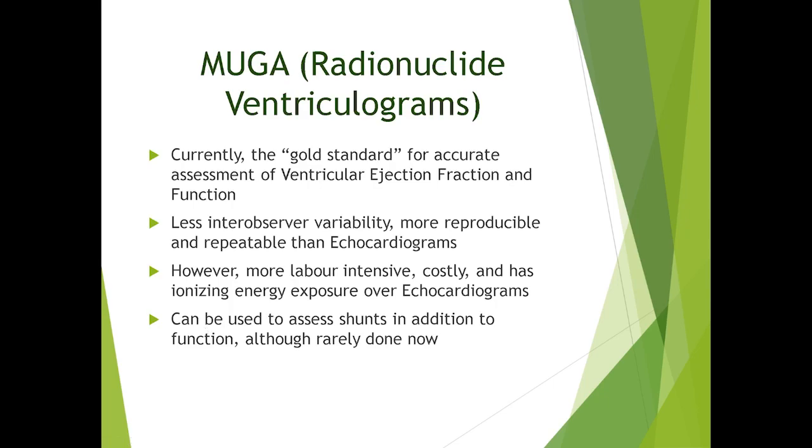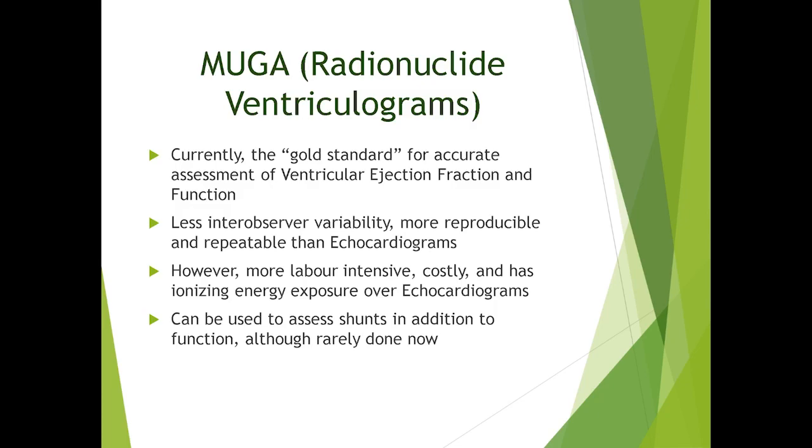Another form of scans, the MUGA scans, also known as radionuclide ventriculograms. These are not very often used and are being used less and less, but they still remain the gold standard for accurate assessment of ventricular ejection fraction and function, specifically when compared to echocardiogram. And the reason for that is there's less inter-observer variability, and they're more reproducible and repeatable than echocardiograms in general.